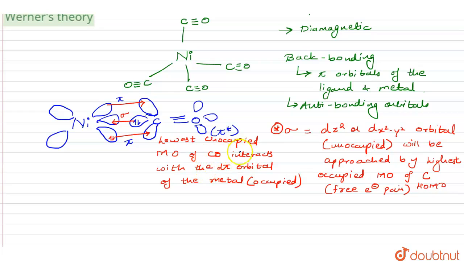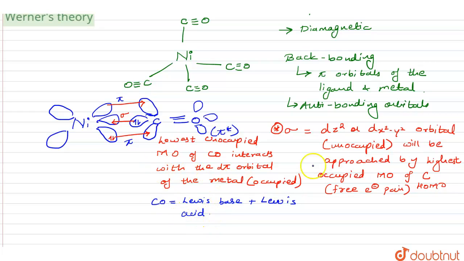The carbon monoxide orbital is the pi star 2p orbital, and that is going to be anti-bonding with the 2p character, since it is having more and more 2p character. So in this case we can see the Lewis basic as well as the Lewis acidic nature of the carbonyl ligand.